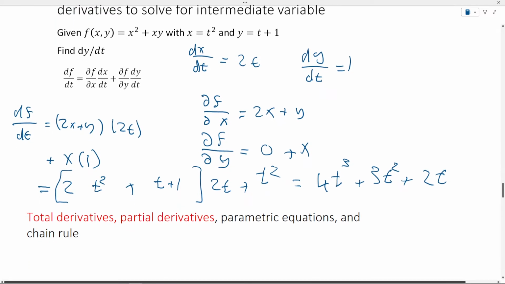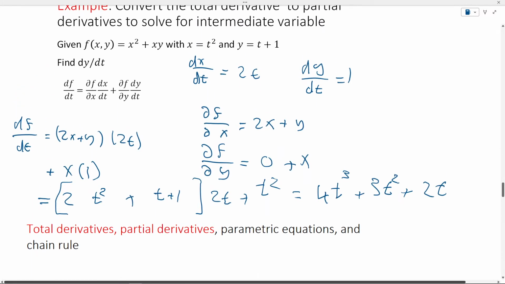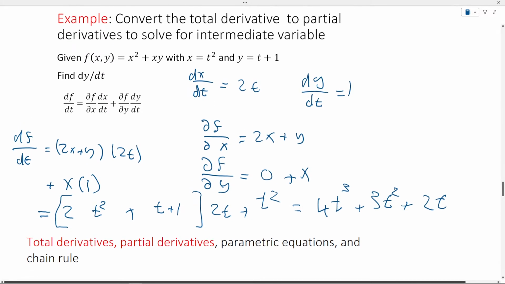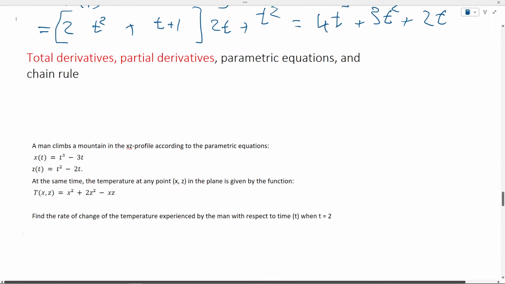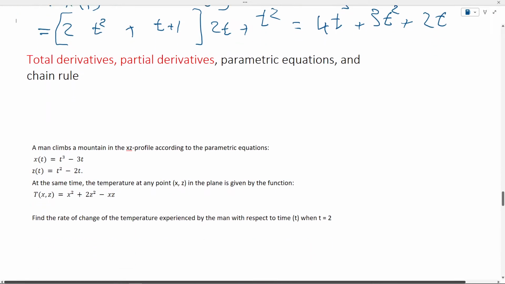But anyway, that's basically what we learned here. We learned how to use the concept of partial derivative to solve a problem like this. So here again, total derivative, partial derivative, parametric equation, and the chain rule.